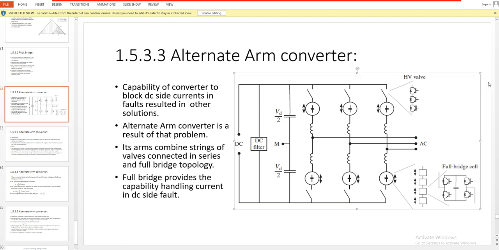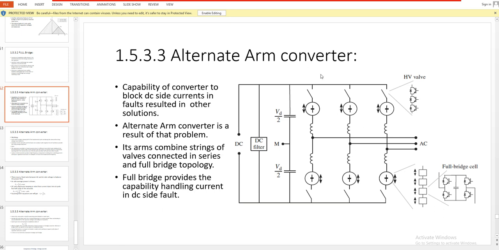Now this topology is basically the mixture of conventional converter and modular multi-level converter. You can see here in the upper arm, high voltage valves are connected in series in order to distribute the voltage stress between these switches, and in the lower arm you can see full bridge cells are connected in series.